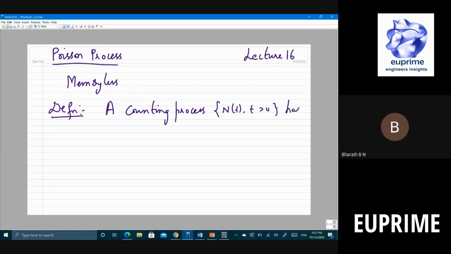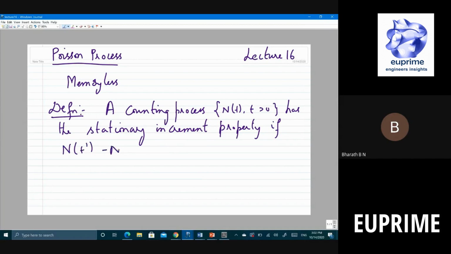It has the stationary increment property: if you look at N(t') minus N(t), I think I wrote this in the last class, but I'll rewrite it.